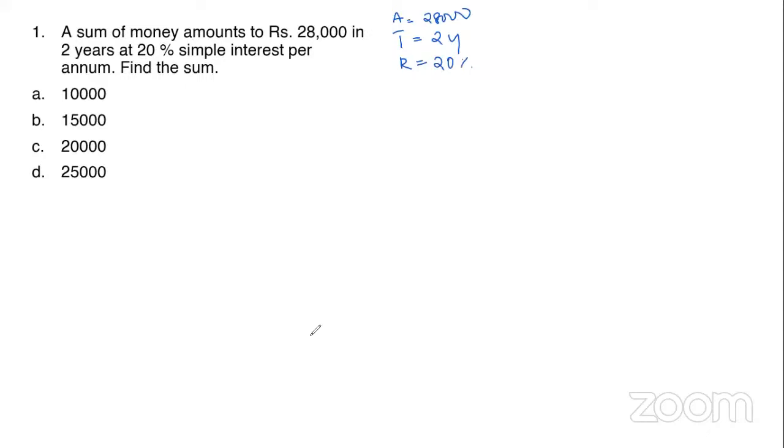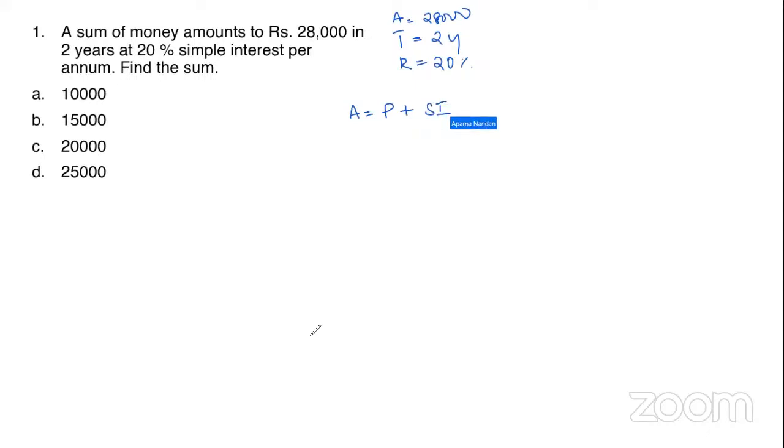We have explained all those things in our class. So what is the formula to find out simple interest? Tell me. Yes, P into R into T by 100, right? So the amount will be equal to principal plus simple interest.